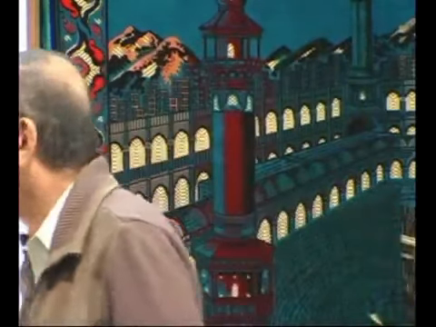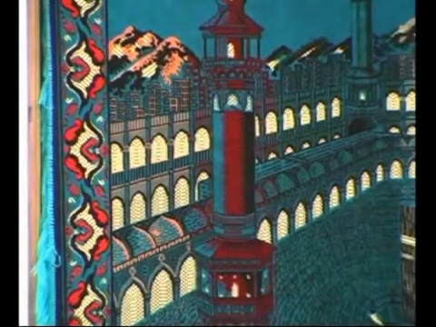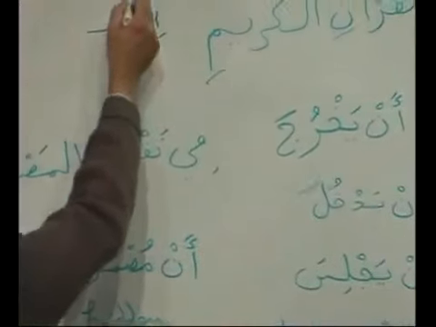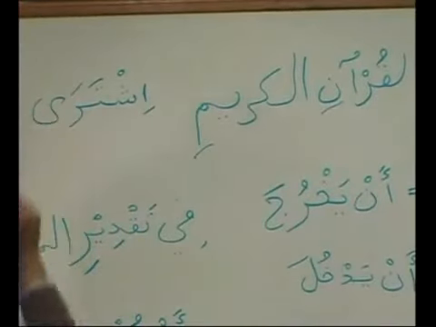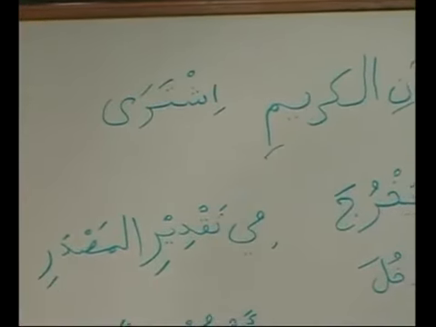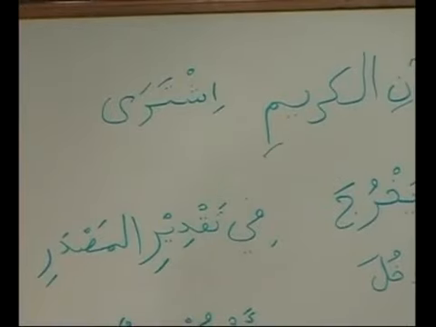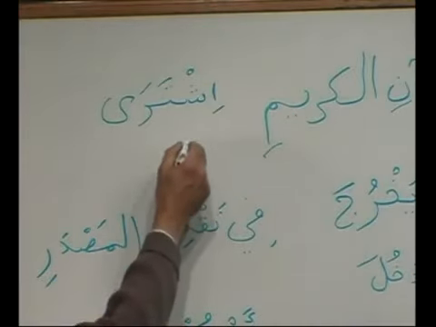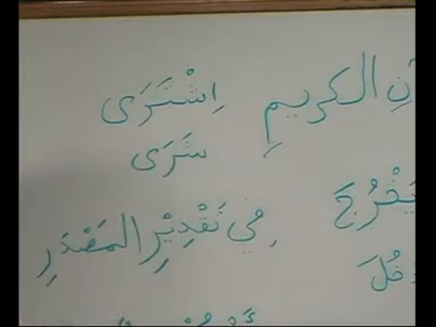This is where I'm going to learn. So, brothers and sisters, again I will mention to you now. I'll write down here, inshallah. Ishtara. In which hamza in the beginning and ta are extra. So what is the root? Shara. And if I write down shara, I will write down like that. But tell me shara, brothers and sisters.